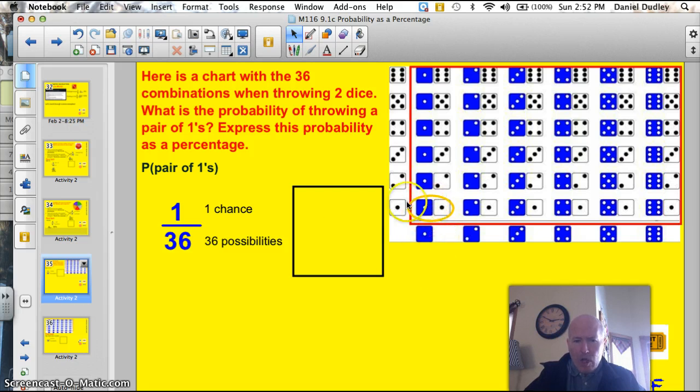Well, out of all of those chances, there's only 1 where you have a 1 and a 1. All the rest of them are different. There's no other pair of 1s. So you only have 1 chance out of 36.